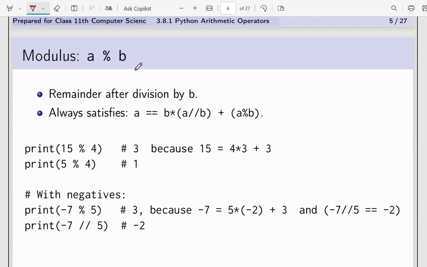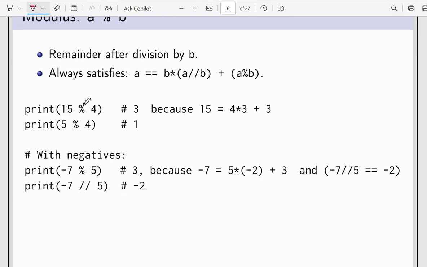Modulus: A percentage B is the remainder after division by B. It always satisfies A equal to B times (A double slash B) plus A percentage B. Suppose print 15 percentage 4, the remainder is 3.